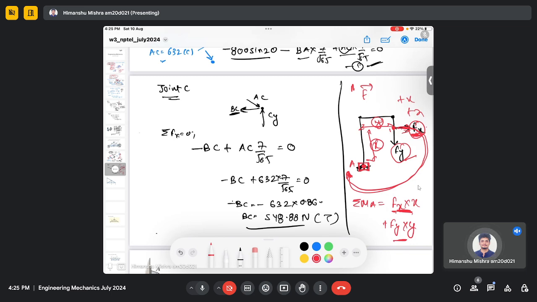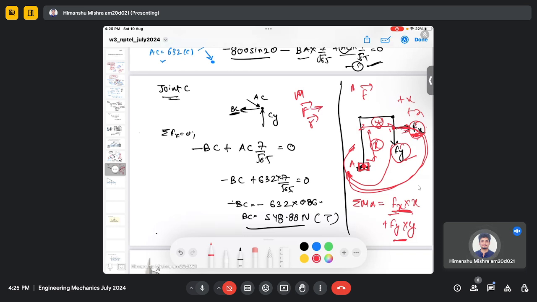Once you get the direction, based on that direction, you can write the moment equation. You will get this when you imagine the rotation about point A. When you imagine the rotation about point A, then you can write down the moment equation. You can decide whether it is a negative or positive axis, because unlike when you are dealing with force vector and position vector, you just cannot say anything about its direction.